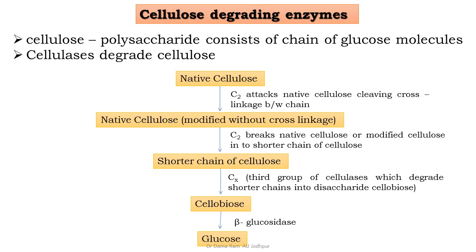Cellulose is a polysaccharide consisting of a chain of glucose molecules, and cellulase degrades cellulose. So what are the mechanism and the enzymes involved in degrading cellulose?